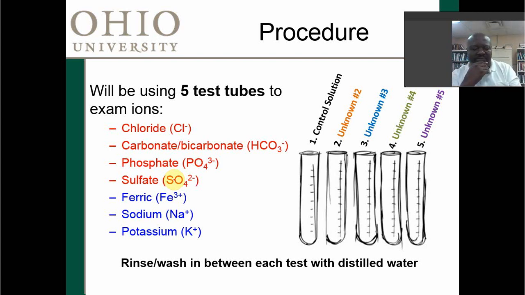So here's how. We will have a control solution. For the control solution, we will know what is in there. So, for example, we might decide, in this case, that we have chloride in test tube number 1. And then we're testing for chloride in 4 unknowns. Okay? So we go 2, 3, 4, 5.